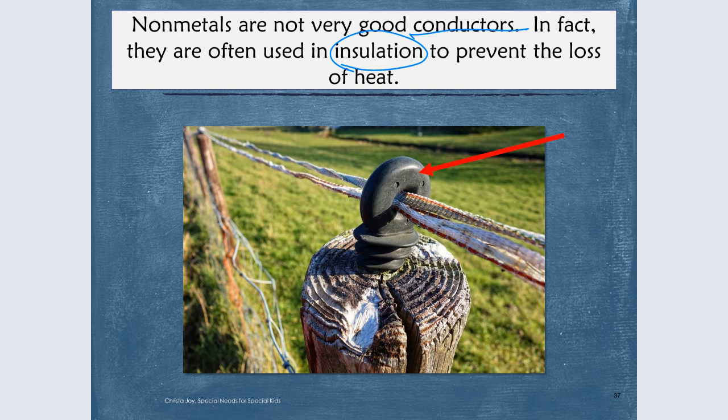So here is an electric fence. And this is the insulator here that keeps the electricity from flowing into the post. And again, if you have a metal pan, you might want to have the handle of this metal pot or pan be an insulator because you have to pick it up.